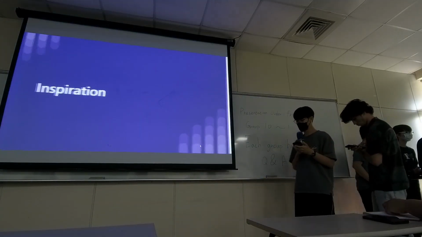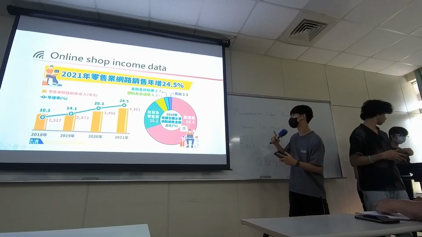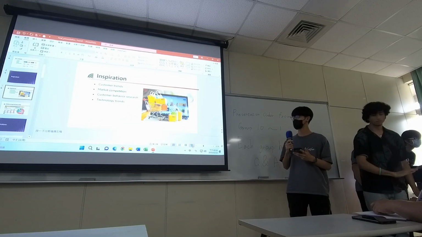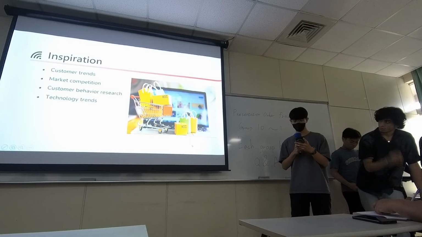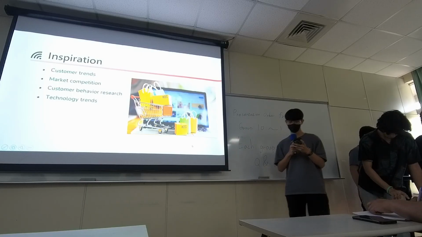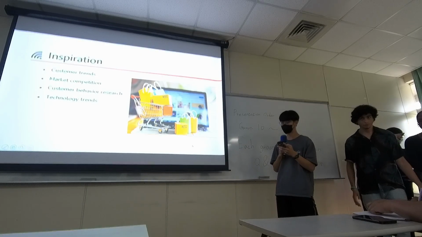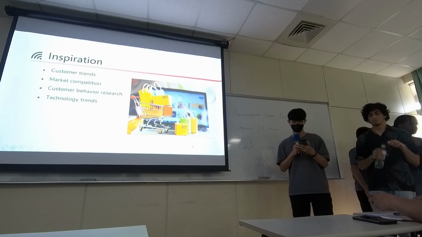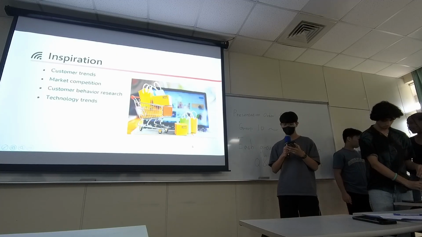Why did we choose the theme? Because of these points. First, consumer trend. In recent years, online shopping has become one of the global consumer trends, and understanding its rise and impact can provide insight. Second, market competition. Analyze the competitive strategies and innovation of major e-commerce platforms to help understand industry dynamics.